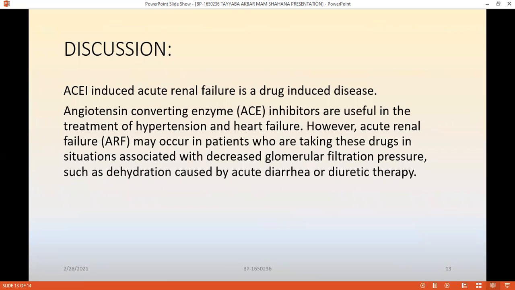In the discussion, we have that the administration of angiotensin converting enzyme inhibitors in patients with hypertension or severe heart failure may cause acute renal failure in the presence of any condition that will induce acute hypotension. In older patients, dehydration caused by intermittent vomiting and diarrhea is more likely to occur and to produce hemodynamic instability.